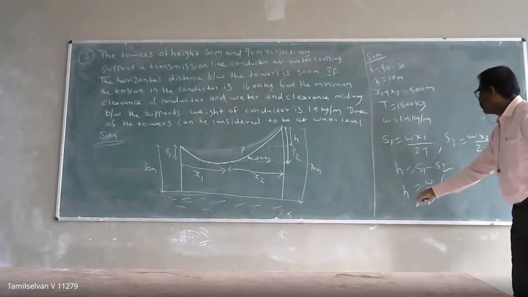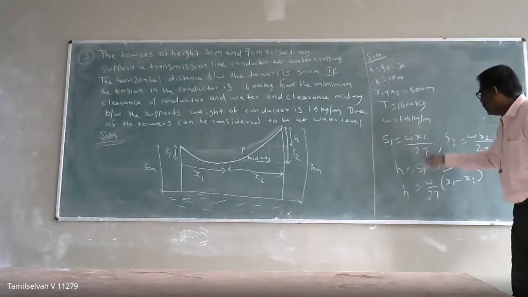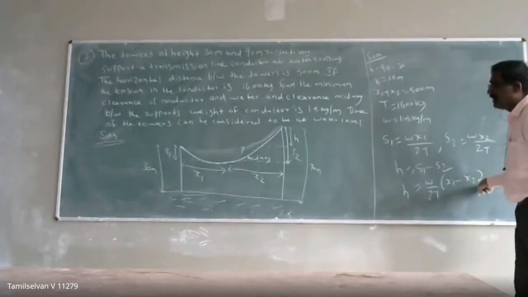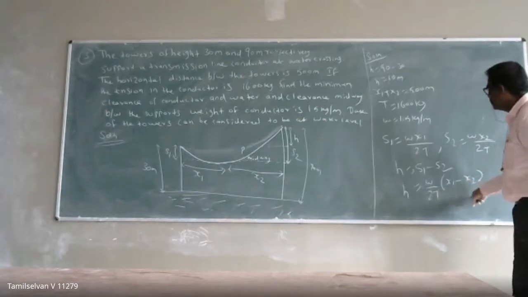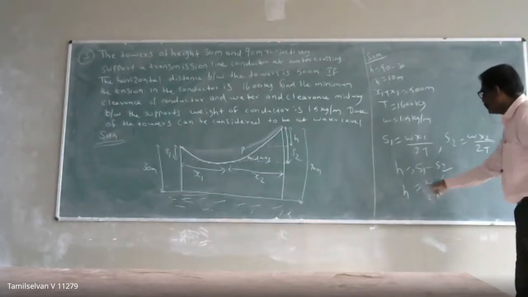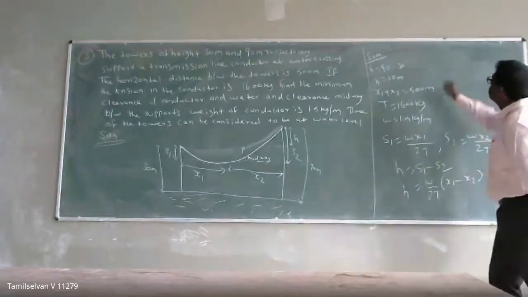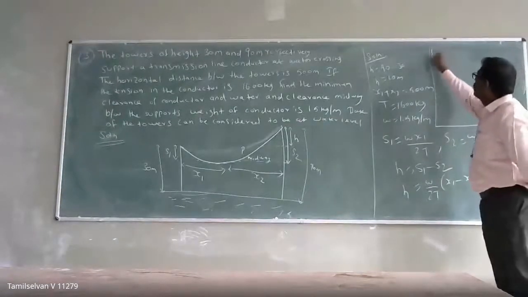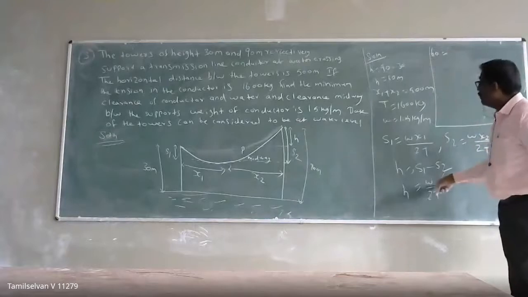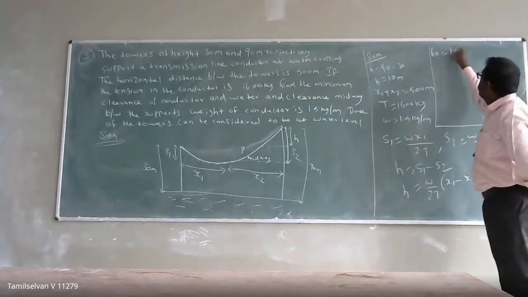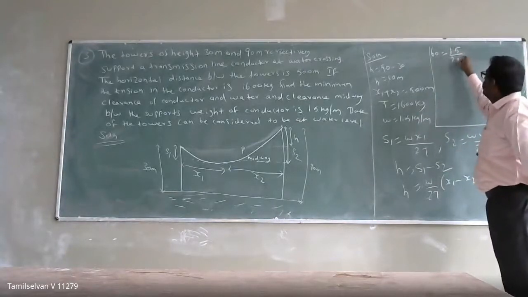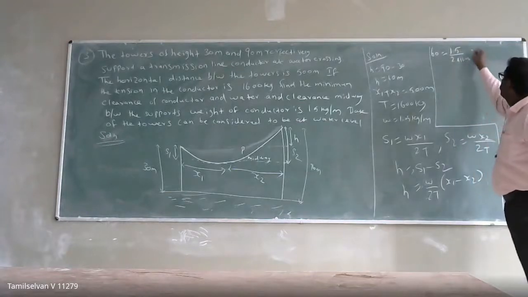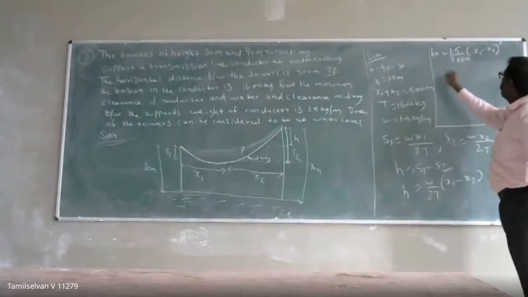H is equal to 60, W equal to 1.5, T is 1600, and for X1 minus X2 we don't know the value, so keep it as it is. If you substitute, H is 60, W is 1.5, divided by 2 into 1600, into X1 minus X2.